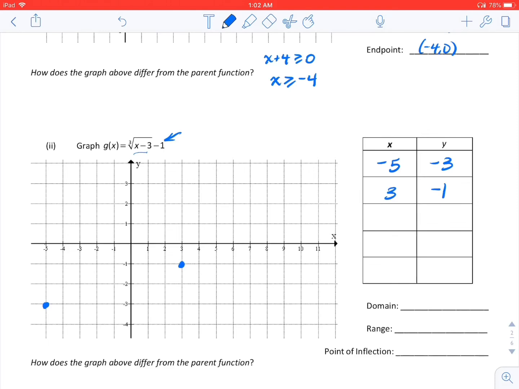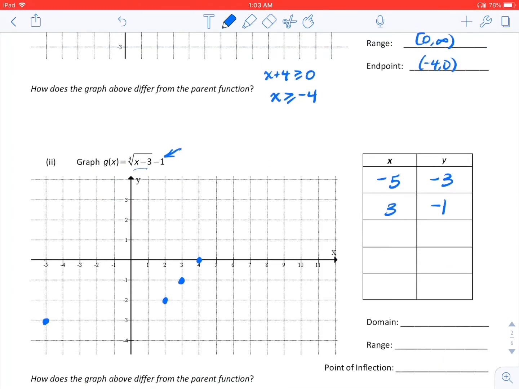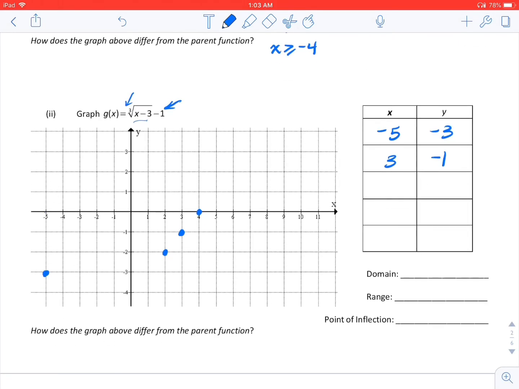Some other points on the graph of the untransformed cube root function, just as a heads up, that's a general property of the cube root function and the square root function, that if the a value is 1, then as you go right 1 unit, you'll go up 1 unit.